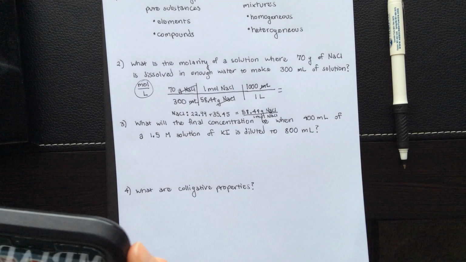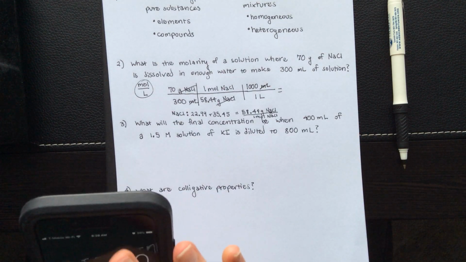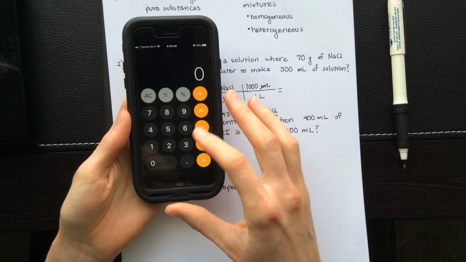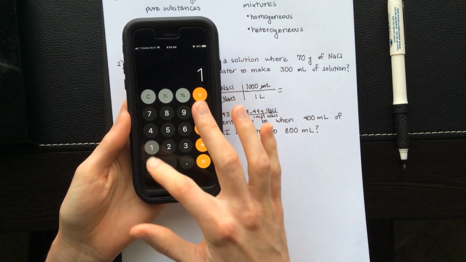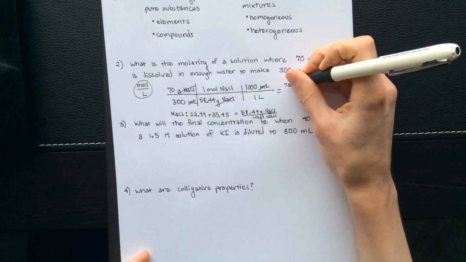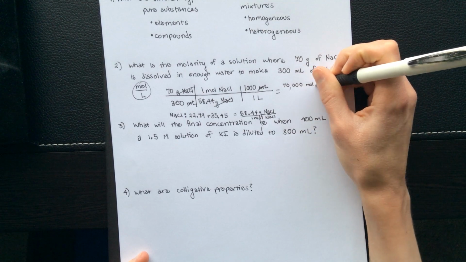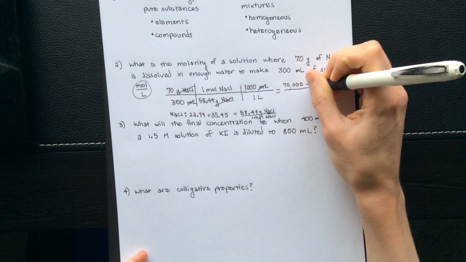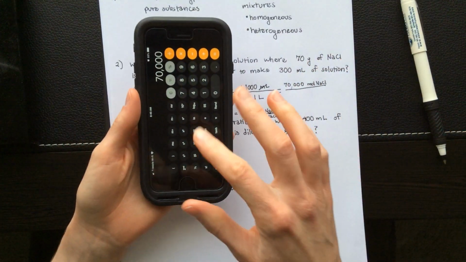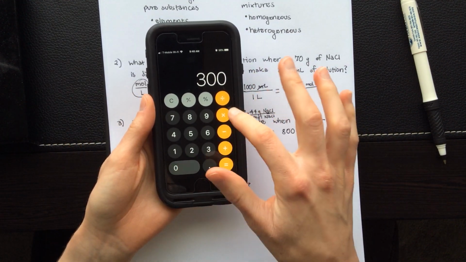So let me do that. So we're going to do 70 times 1,000. So that's 70,000 moles NaCl. And then on the bottom, we're going to do 300 times 58.44.